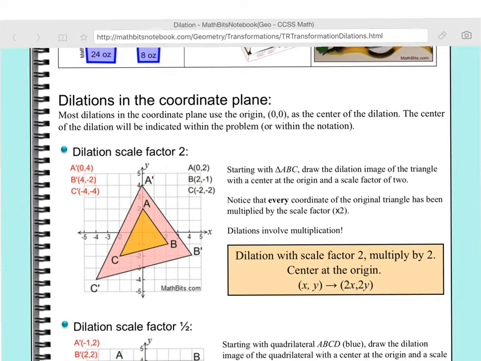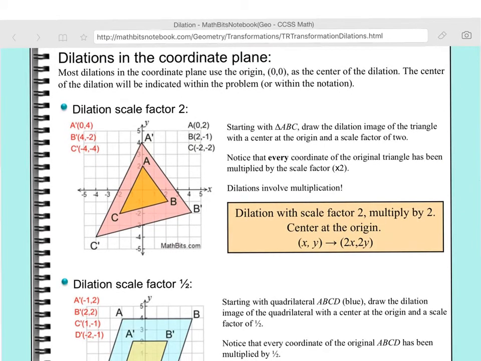So let's look at this example where they do a dilation with a scale factor of 2. So we see the pre-image, the original shape, ABC. And A has the point (0, 2), B has the point (2, -1), and C has the point (-2, 2).